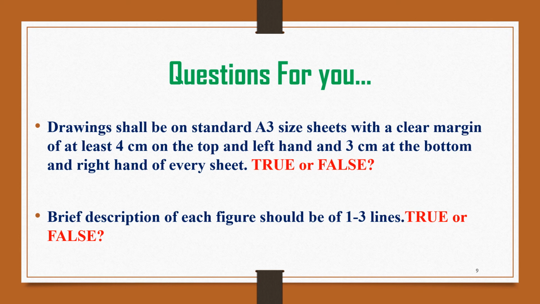Question number 2 is brief description of each figure should be of 1 to 3 lines. The minimum is number 1 and the maximum number is 3. So, brief description of each figure should be of 1 to 3 lines. True or false? Okay.